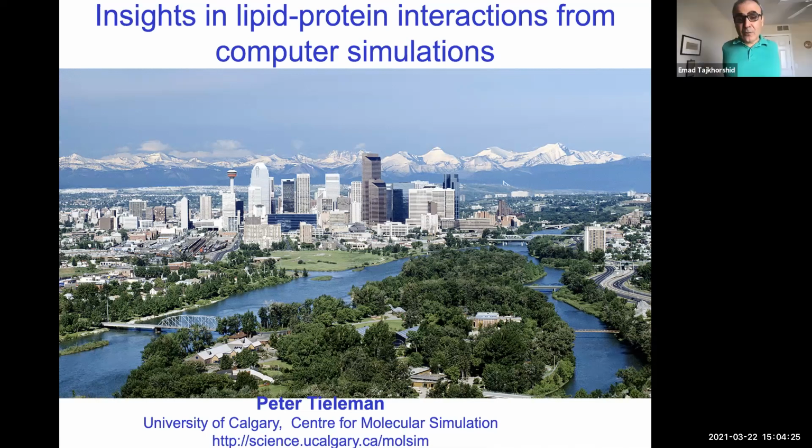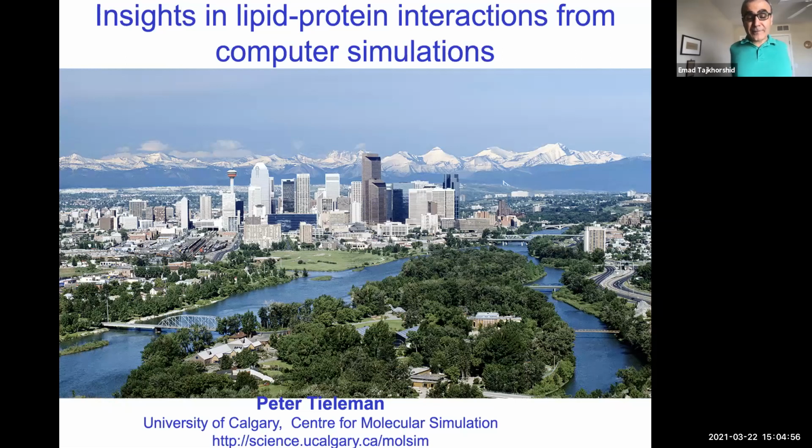So Peter and our group, we have a lot in common. We are interested in molecular simulation methods, software, and simulation of membrane-associated systems, processes, and phenomena. So it's really nice to have him every now and then to get an update. He has received quite a few awards during his career, and he has been very productive.